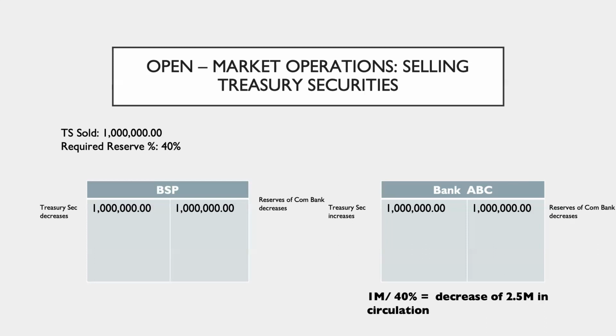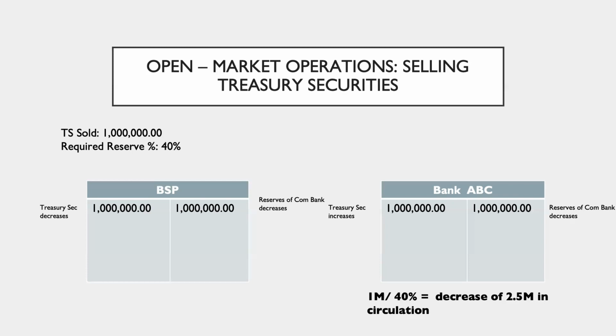All right. So again, this is in line with our earlier summary that if the required reserve ratio is increased, it limits the amount of cash in circulation. If it is decreased, it increases the available cash in circulation.